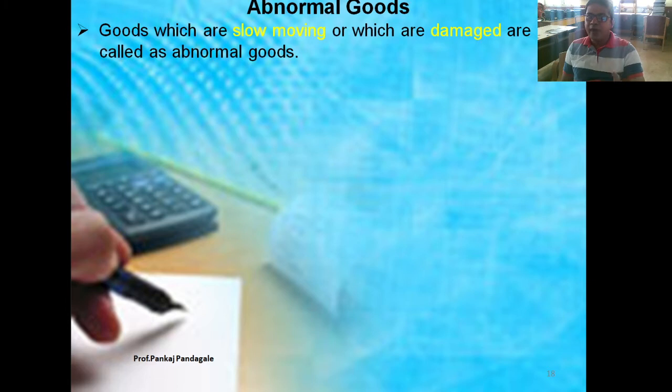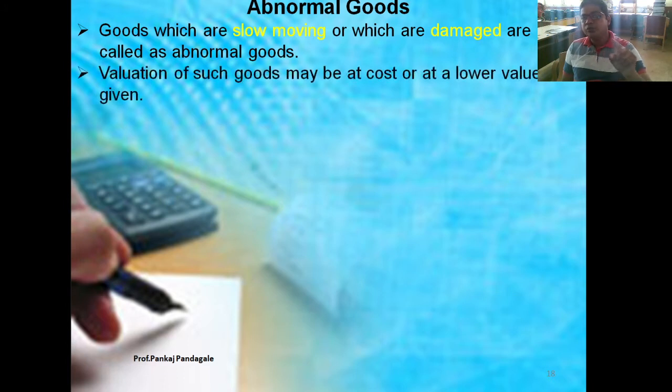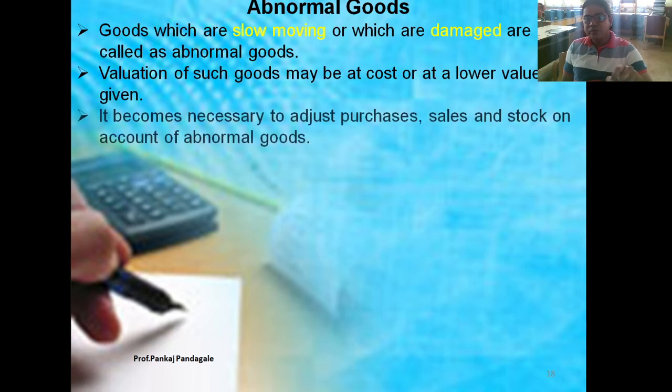Sometimes this question is asked as a multiple choice. Valuation of such goods may be at cost or at a lower value as given. It becomes necessary to adjust purchases, sales and stocks on account of abnormal goods, because abnormal goods are included in the purchases, sales and stock also.